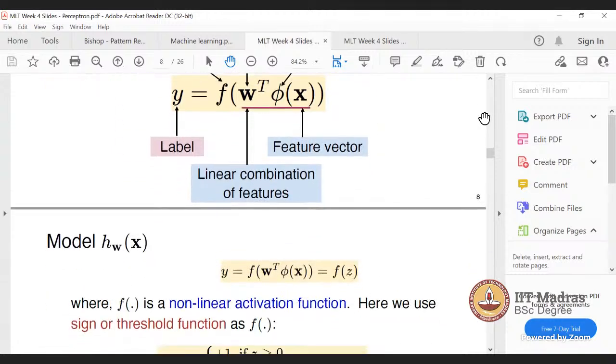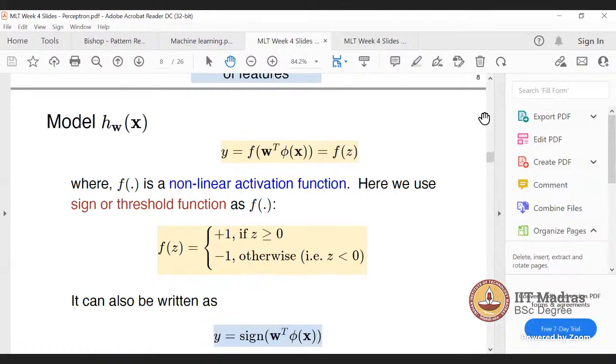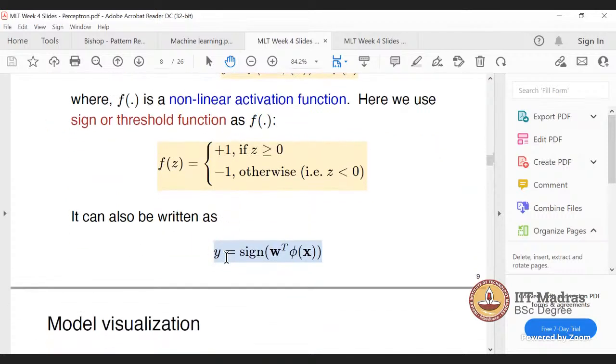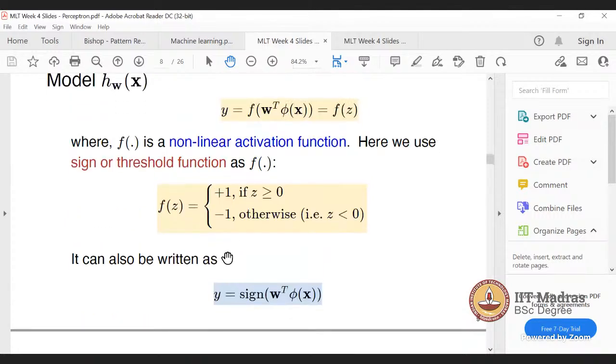In this case, our nonlinear activation function is just the step function, or the sign function. If the linear combination is greater than 0, then we call it class 1, and if the linear combination is negative, then we call that example class negative. So our activation function is the sign function in our case. This is how your model looks like.